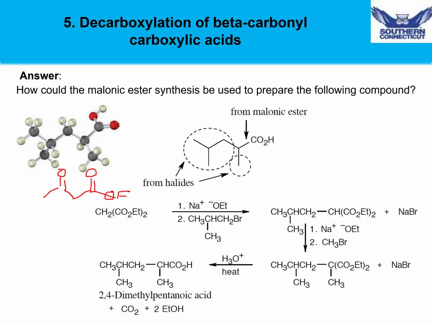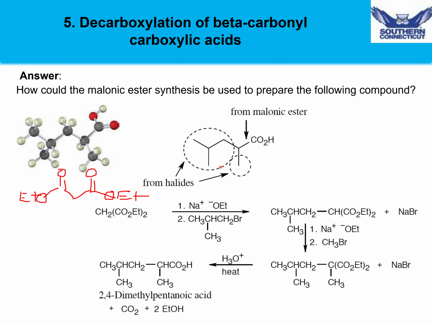It doesn't matter which alkyl groups are on the ester. We're using an ethyl group on both esters here, but it doesn't really matter which ones we have. Then we're going to use base to form an enolate from the center carbon, and then we could add alkyl groups from the corresponding alkyl halides.